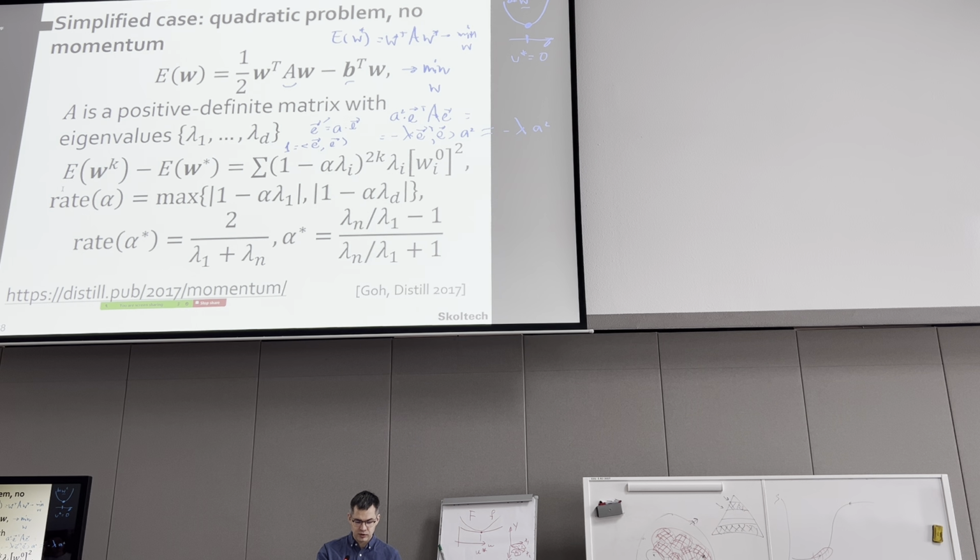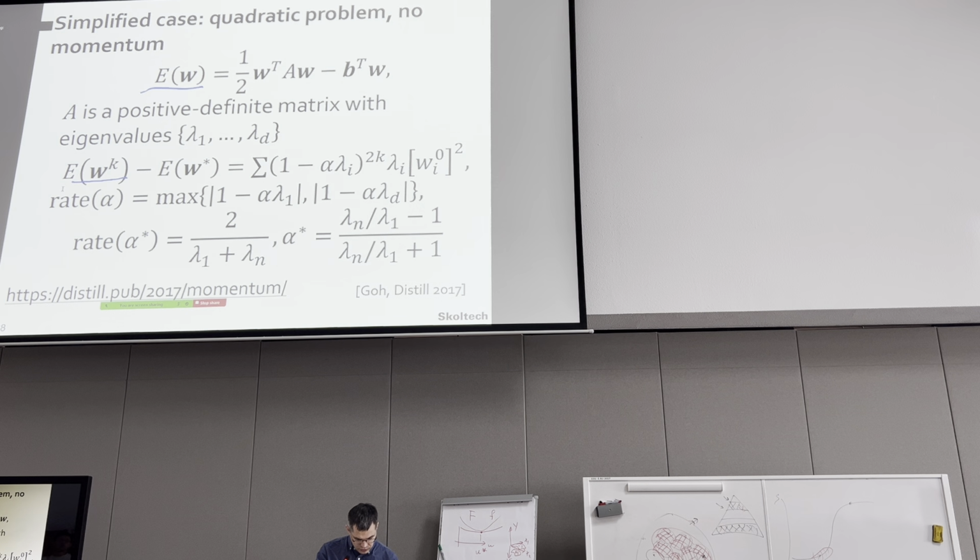Okay, so we now have a problem with a positive matrix. Eigenvalues are from lambda 1 to lambda d, and it will be an exercise for you: what is the difference between the function value at wk, a specific iteration of gradient descent, and at w star? We run gradient descent for this quadratic problem and obtain wk at the k-th iteration.